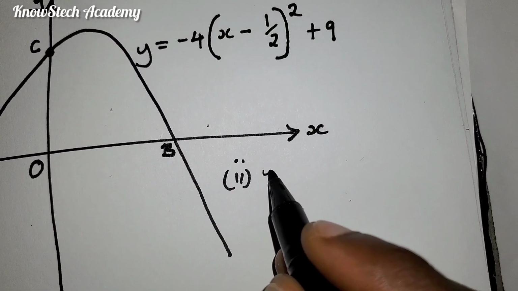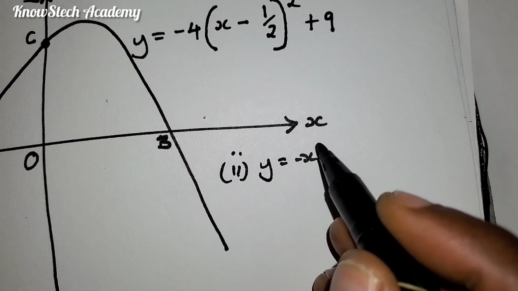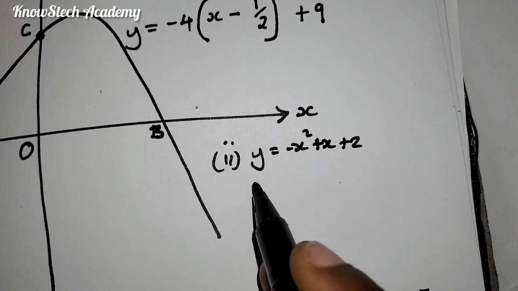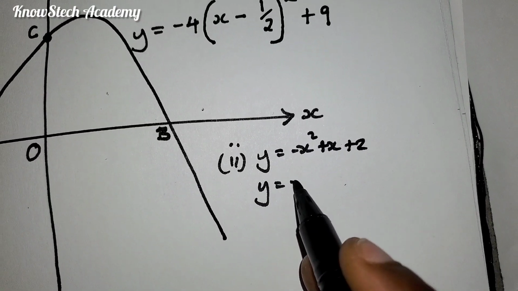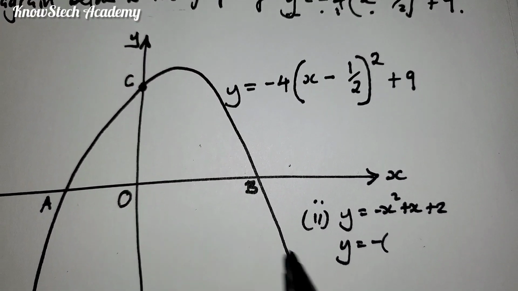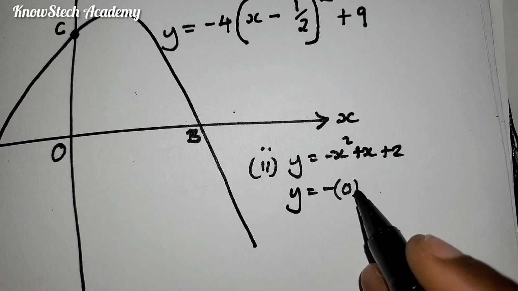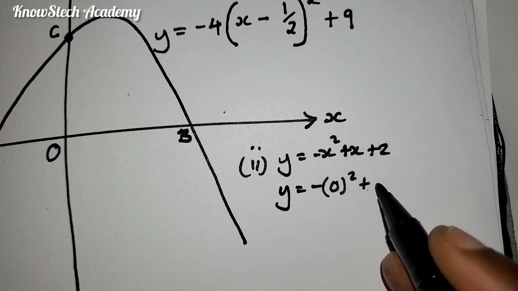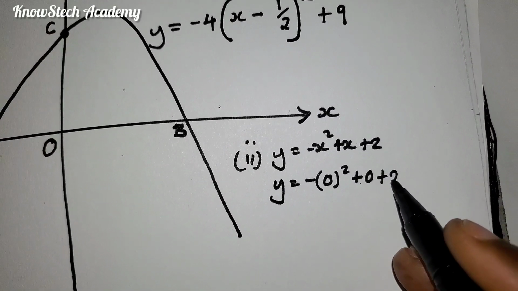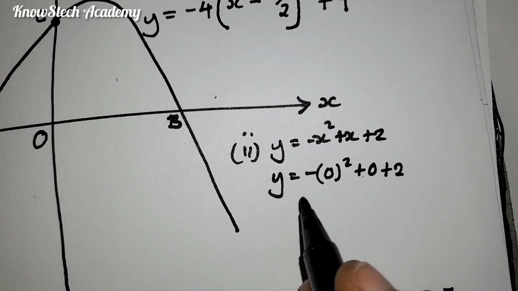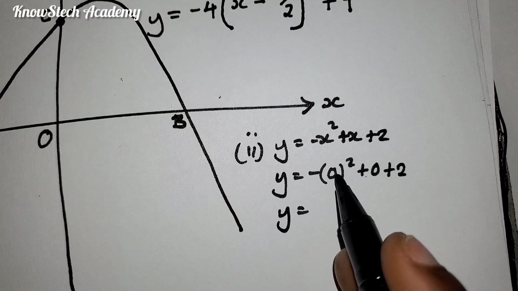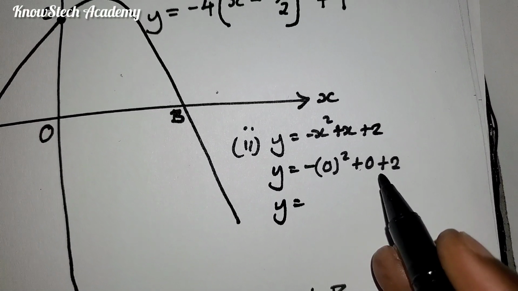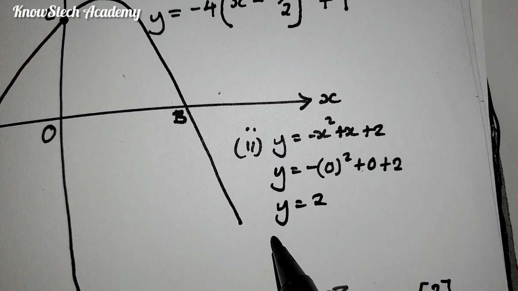The equation is y is equal to negative x squared plus x plus 2. The value of y we don't know, and the value of x on the y-axis is 0, so I'm going to substitute with 0 squared, plus 0, plus 2. Negative 0 squared is just 0, 0 times this is just 0, plus 0, 0, plus 2, 2, so y is equal to 2.